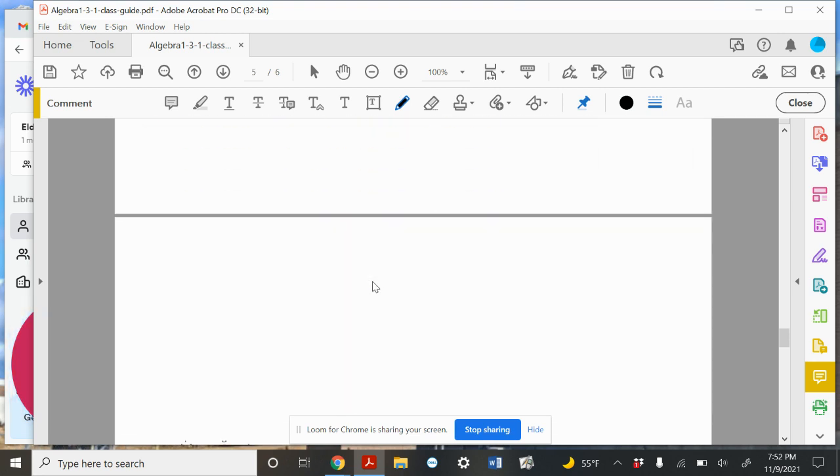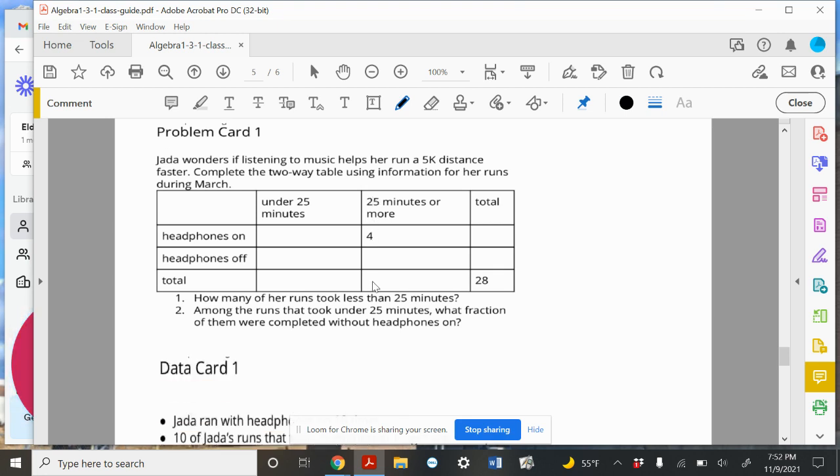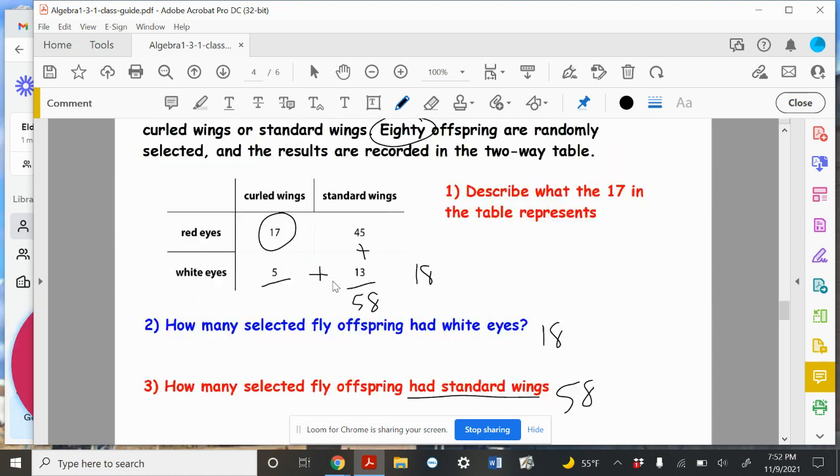So now let's go through the problem cards and actually look at the different values there. But what's important about this table is that all I have to do is add these across and add these down, and my total should be 80. So I can figure out the values without even having to add those up, but I could.